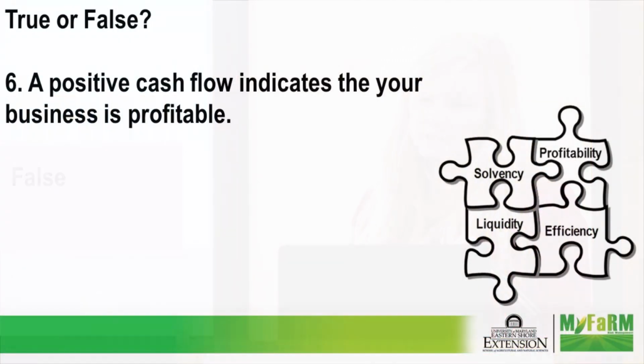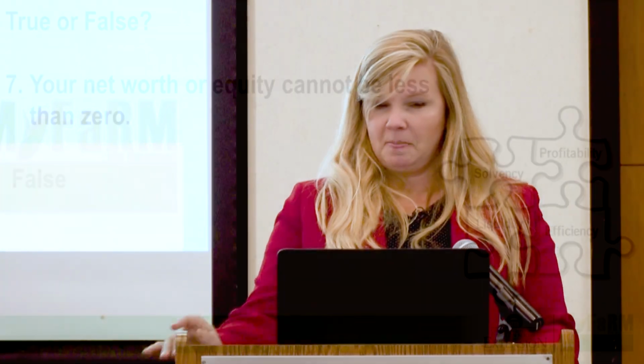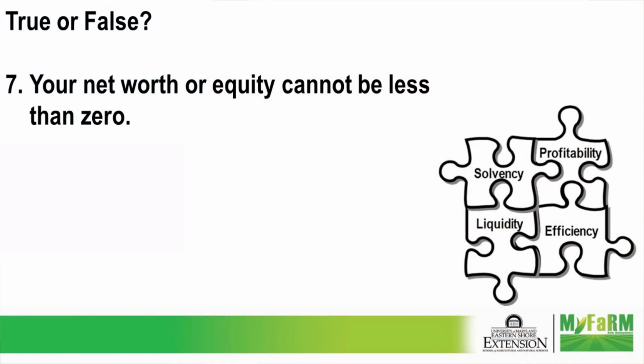A positive cash flow indicates that your business is profitable. Does it mean your business is profitable if you have a positive cash flow? Not really, not really. Cash flow does not give a true picture of profitability. All right, the 7th question is your net worth or equity cannot be less than 0. Unfortunately, this one is false.